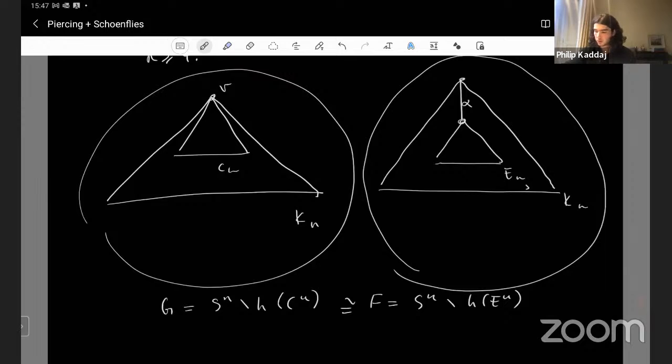Yeah. So I'd like to note that this is a collar. So by the Schoenflies theorem, it's clear that F is an n-cell.